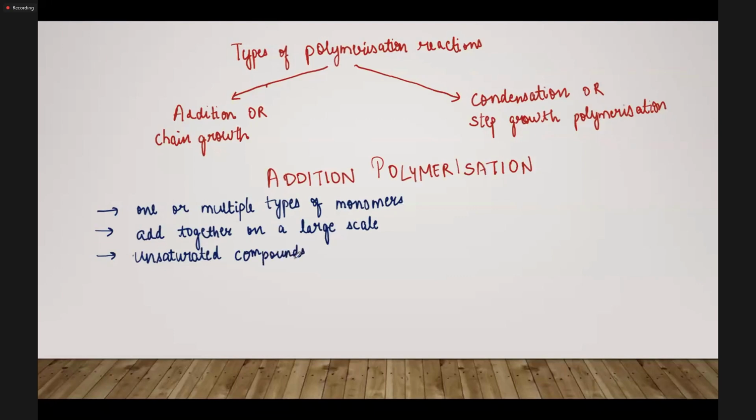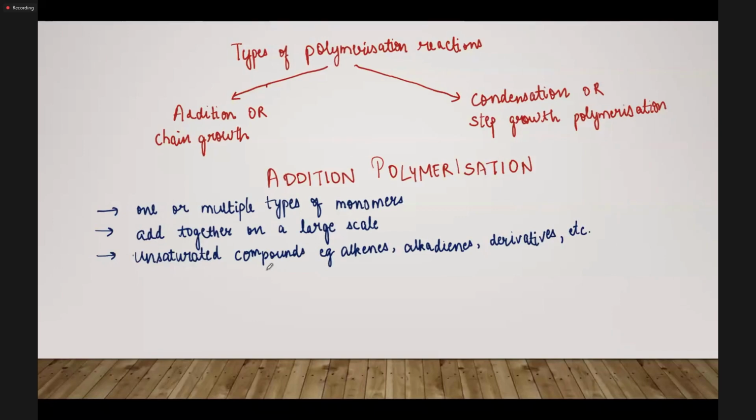The monomers are the unsaturated compounds. For example, we have alkenes, we have alkadienes, or similar kind of their derivatives, etc. ठीक है?